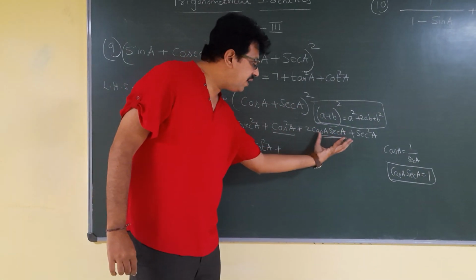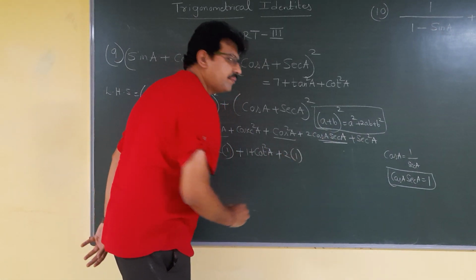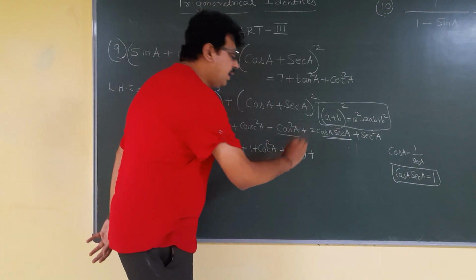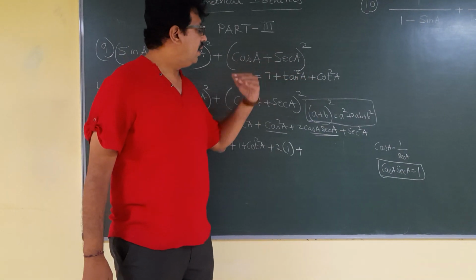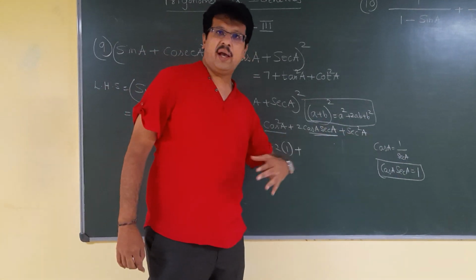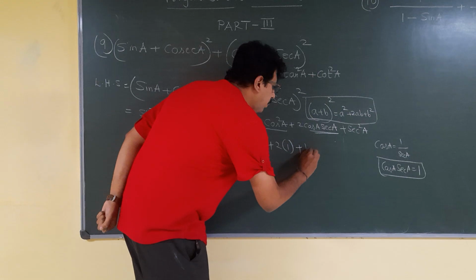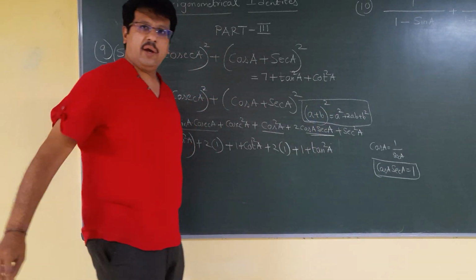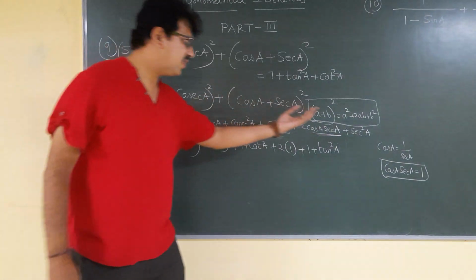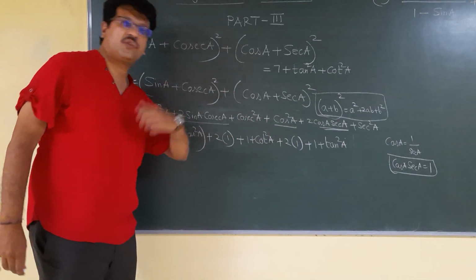That's what I am writing here. So plus 2 into 1 plus secant square a. Again we don't require secant square a here. So what should you write for secant square a? Again you have to go back to the trigonometrical identity. Secant square a can be written as 1 plus tan square a. So I hope you are clear with this identity: secant square as 1 plus tan square a, and cosec square as 1 plus cot square a.